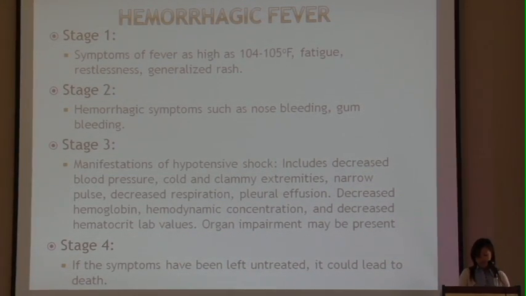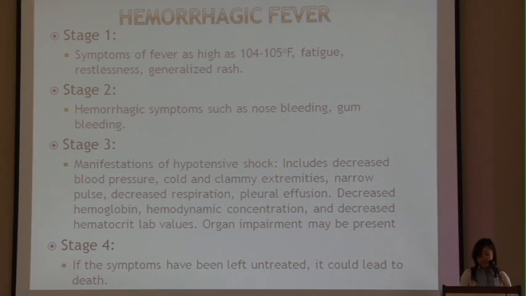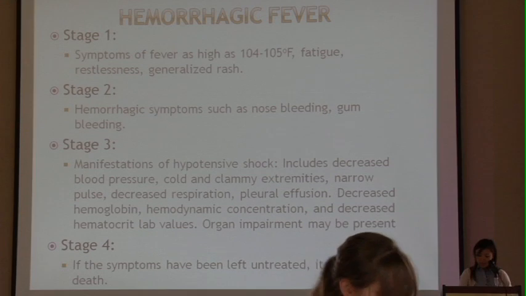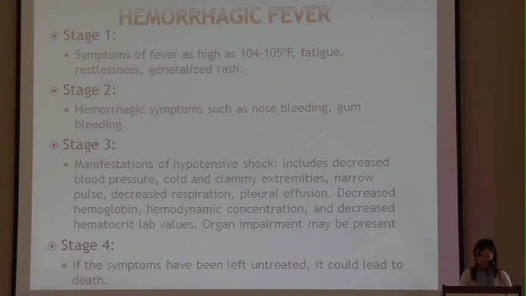In stage 3, you'll see manifestations of hypotensive shock, which includes decreased blood pressure, cold and clammy extremities, narrow pulses, decreased respirations, pleural effusion, decreased hemoglobin, hemodynamic concentration, and decreased hematocrit lab values. Organ impairment may be present in this stage. And stage 4, which is most serious, if the symptoms have been left untreated, it could lead to death.